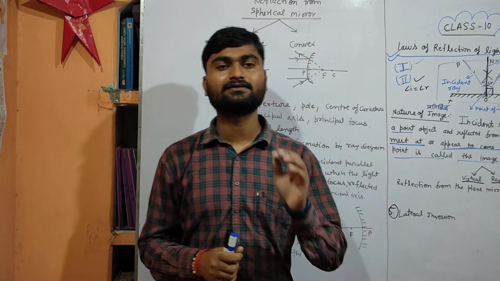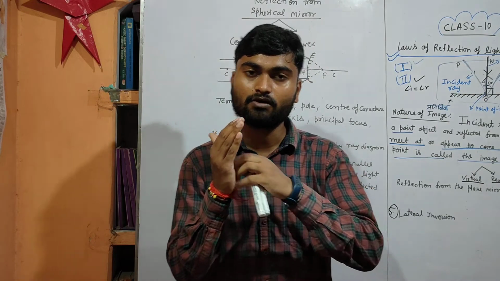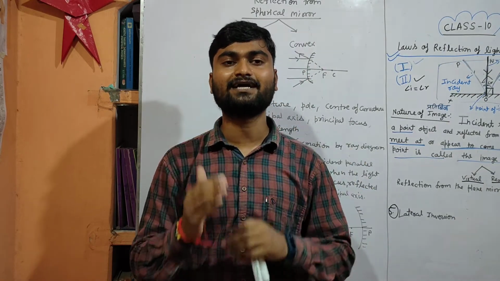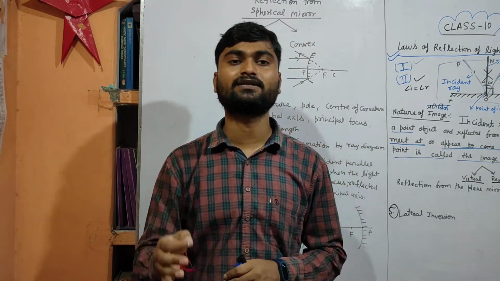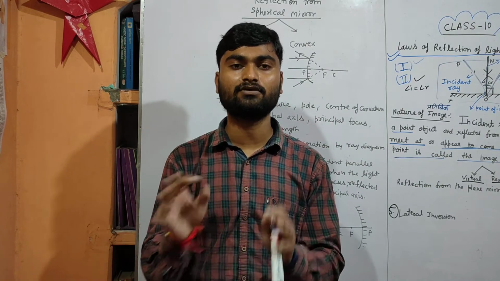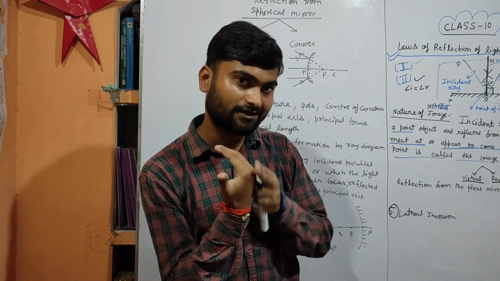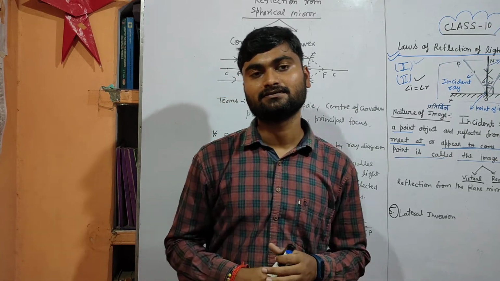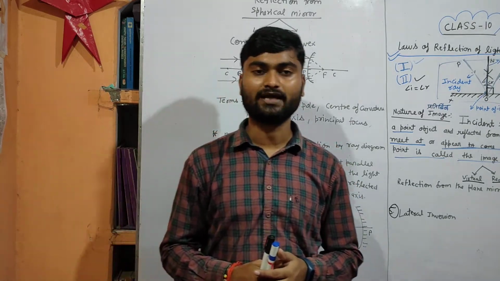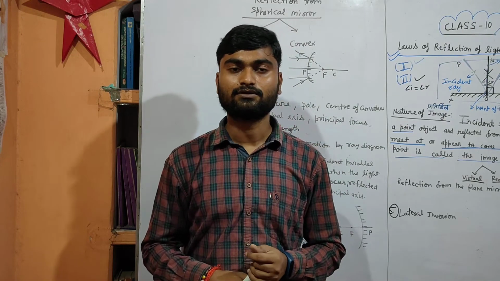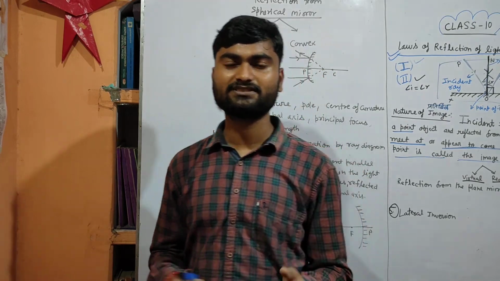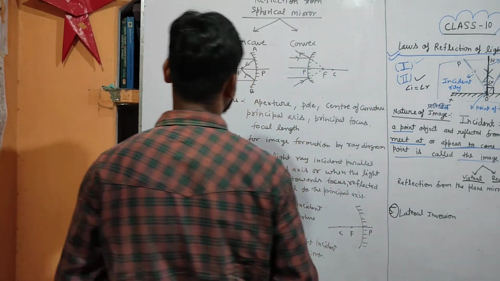When the concave surface reflects light, it is called a concave spherical mirror, or simply concave mirror. When the convex curved surface reflects light, that spherical mirror is known as a convex mirror, right? So this is the basic thing.